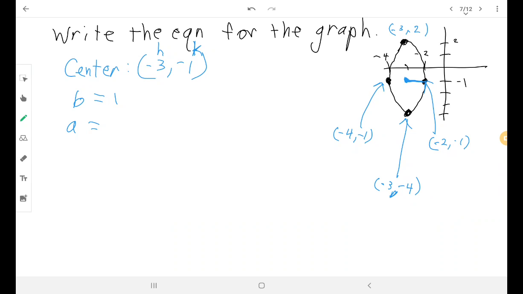My A distance is from -1 up to 2, or from -1 down to -4, and either way that distance is 3.